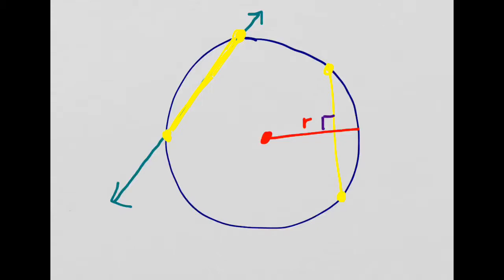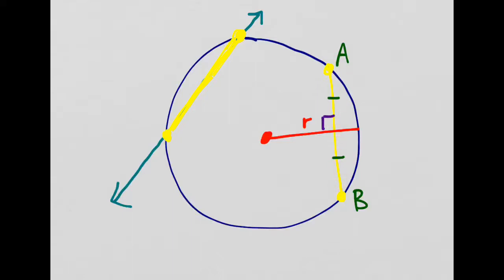Well, what we know is that if this radius is perpendicular to the chord of a circle, then it bisects that chord. Let's call this chord AB. Well, this is a bisector. So now I know that from A to the radius is the same distance as B to the radius. It gets chopped in half.